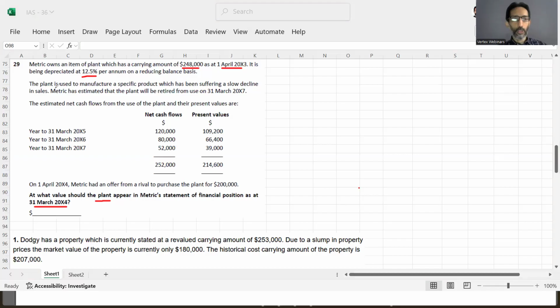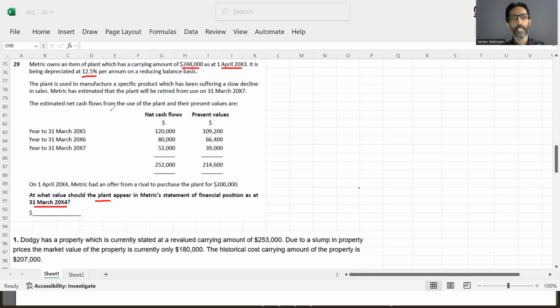The plant is used to manufacture a specific product which has been suffering a slow decline in sales. So Metric has estimated that the plant will be retired from use on 31st of March 2027.